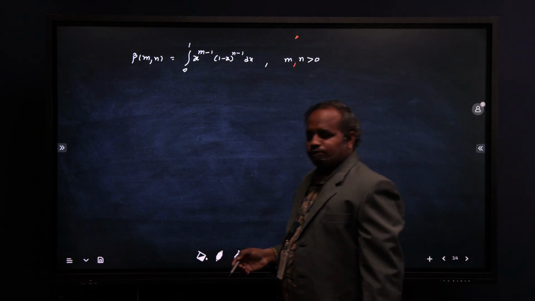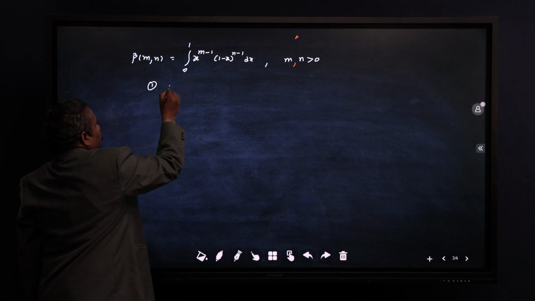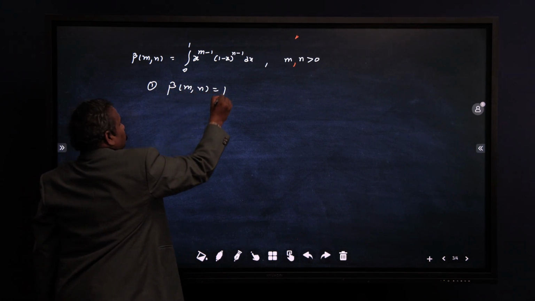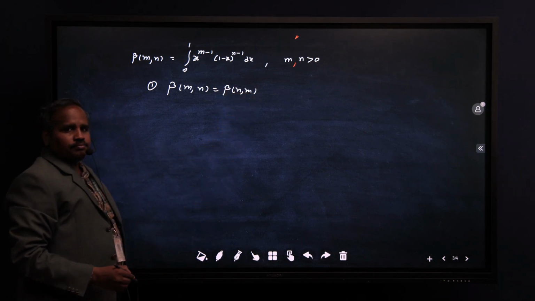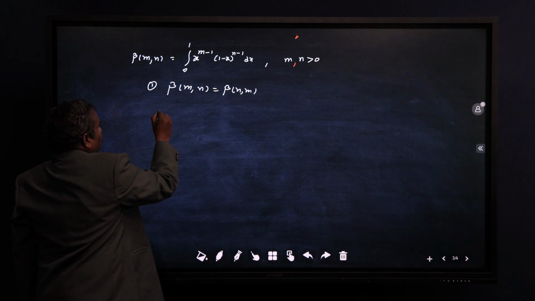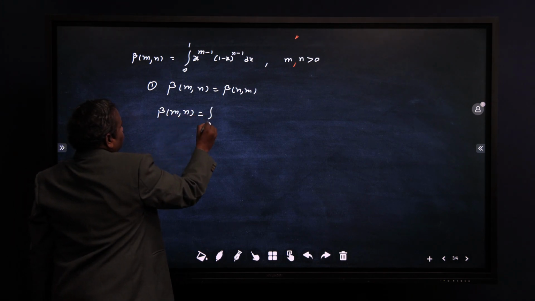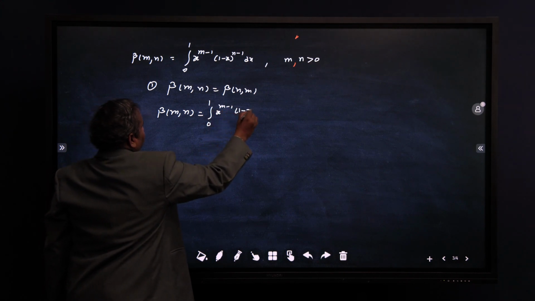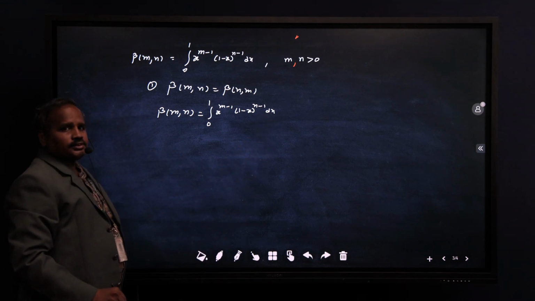And this one has two standard results. First one, beta of m comma n is equal to beta of n comma m. So beta of m comma n by the definition is integral 0 to 1 x power m minus 1 into 1 minus x power n minus 1 dx.